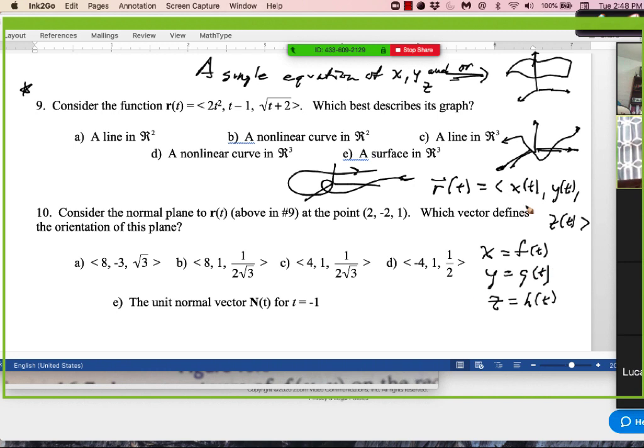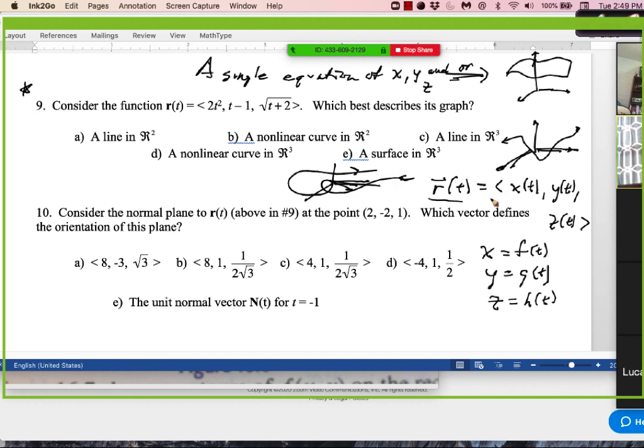So a vector function or a set of parametric equations gives a curve in space, right? As t changes, each t gives a vector. And then we put all those vectors in standard position at the origin, and then let t change, and those vectors kind of sweep out, like a laser light show, a curve in space, right?